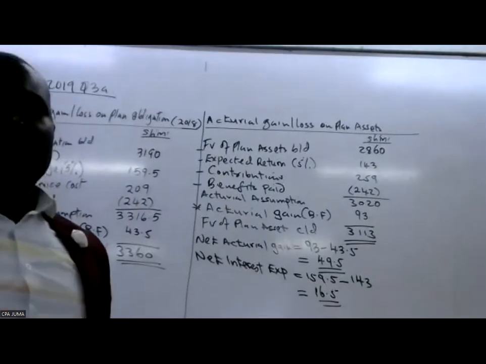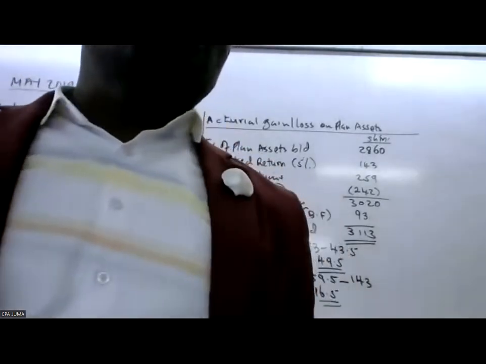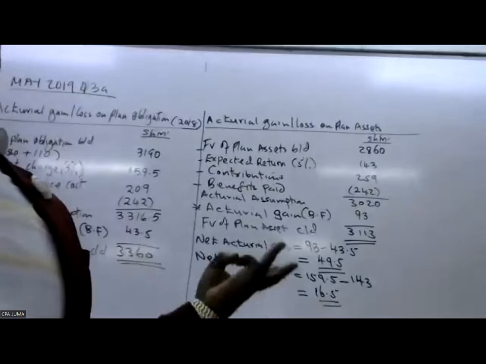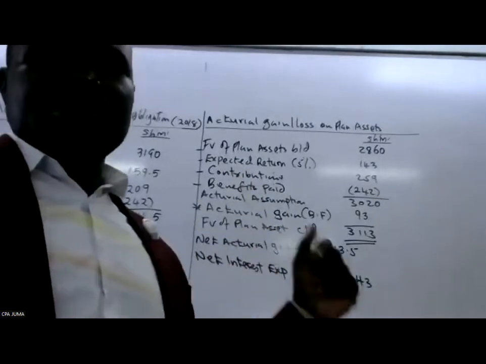So let's get for them what will go to P&L. What goes to P&L? Then we tell them the balance sheet items.